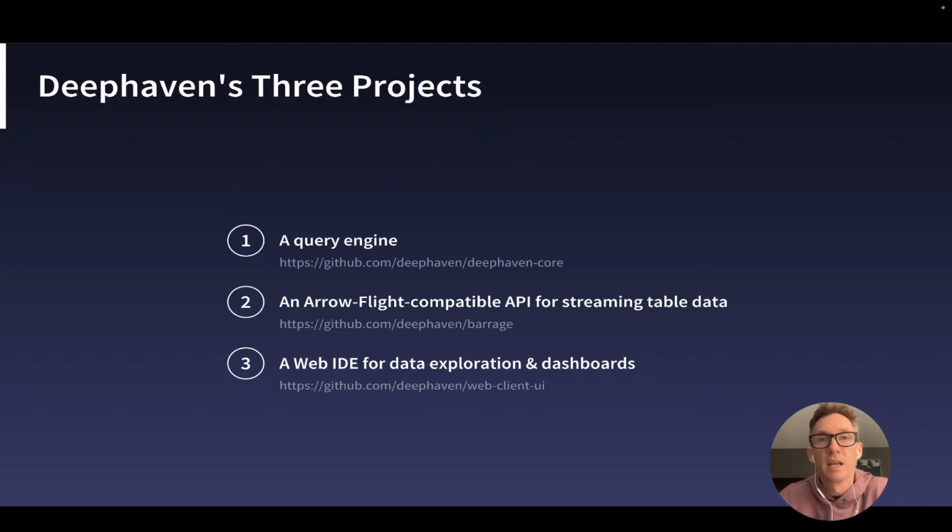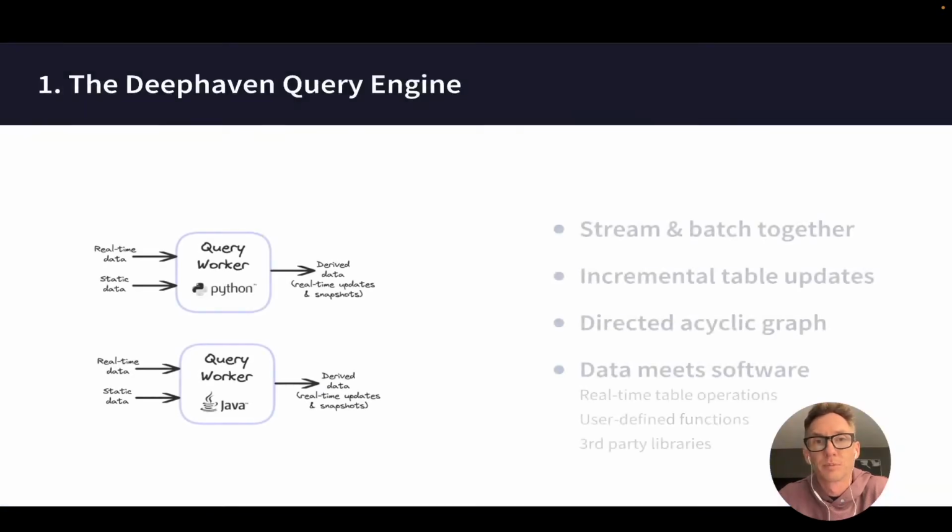The second is an API that allows for communication between Deephaven servers or servers and clients. And the third is an open source project that we develop and use heavily for data visualization, for tables that can tick or that can handle huge data sets, and for dashboarding.